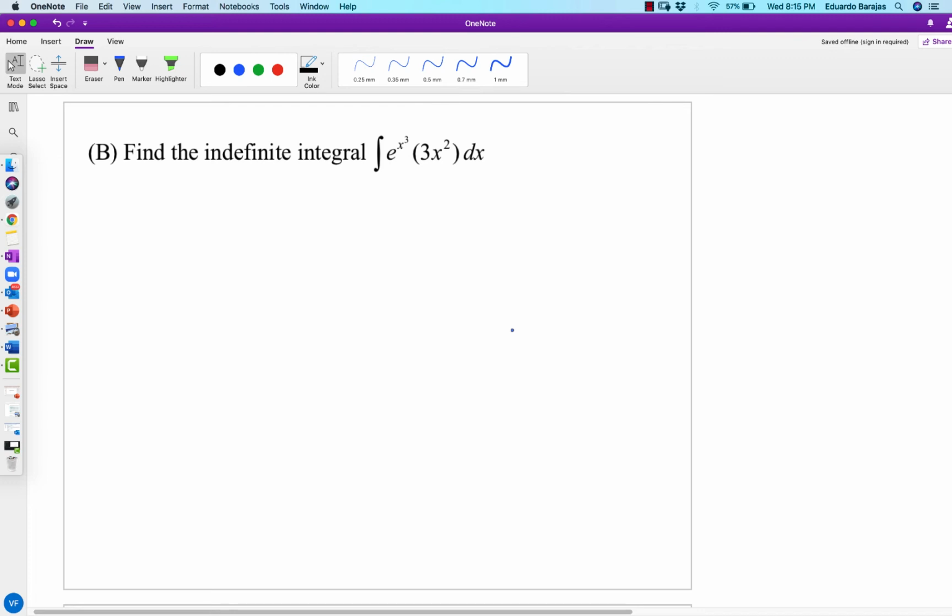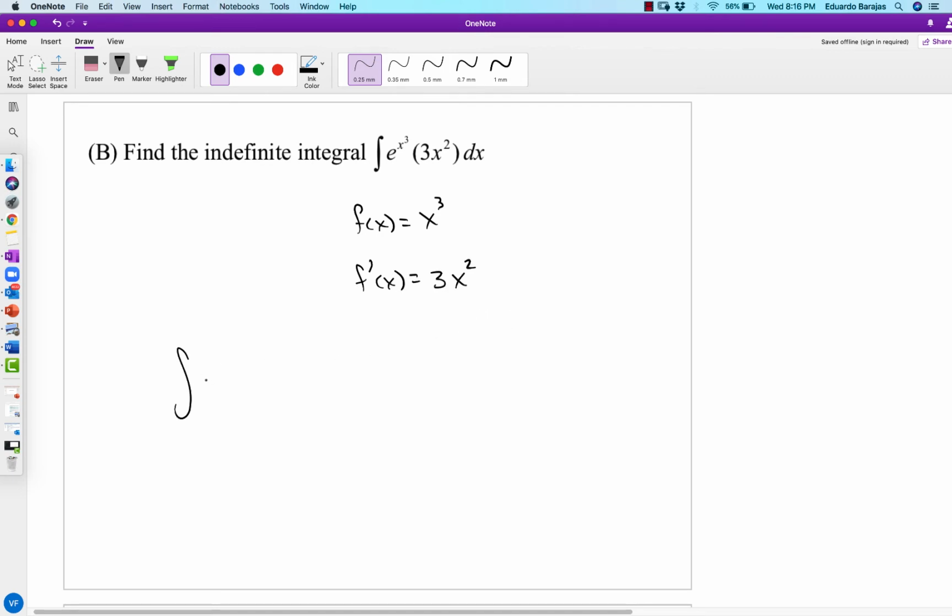How about this one? Okay, so e to the power of x to the third power, and well, in fact, its derivative is right next to it. So again, here, if we see f of x is equal to x to the third power, its derivative, f prime of x, is equal to 3x squared.